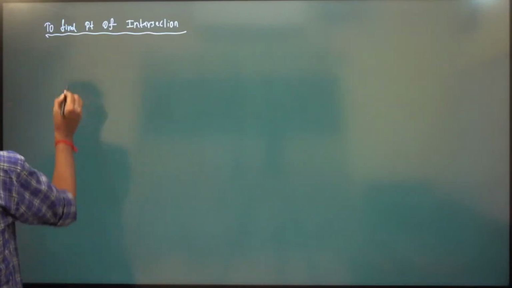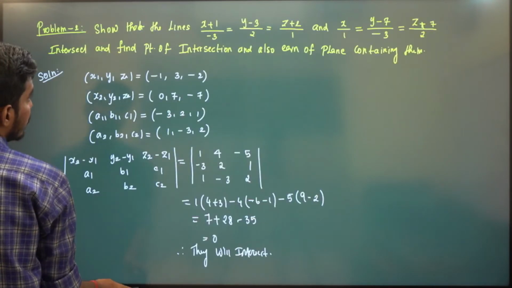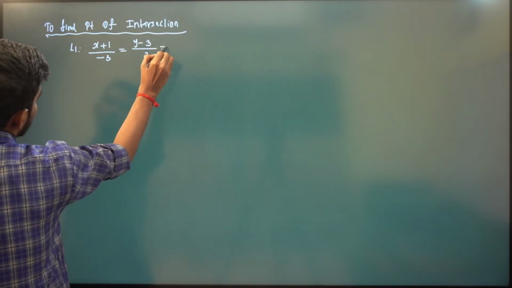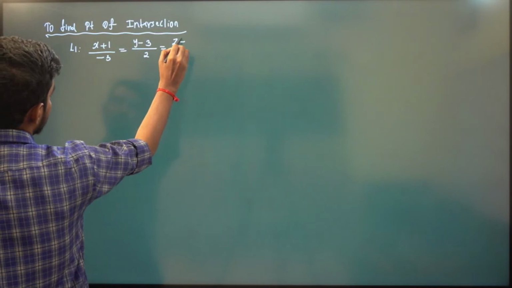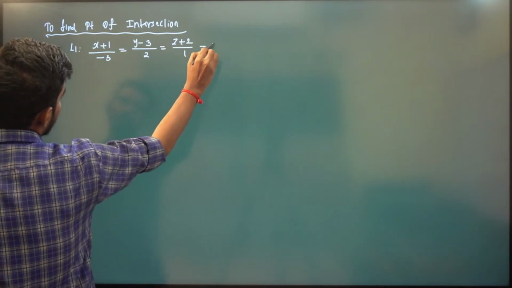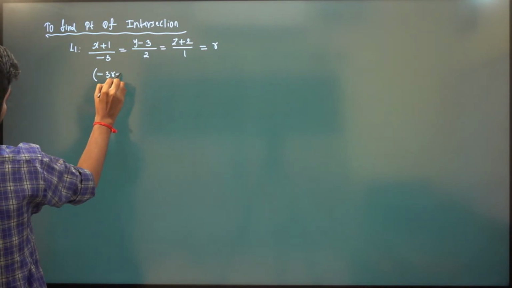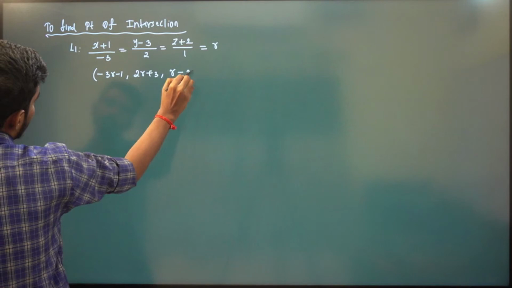So (x plus 1) divided by minus 3, (y minus 3) by 2, is equal to (z plus 2) by 1. Let us say it is equal to some r. So x is minus 3r minus 1, y is 2r plus 3, z is r minus 2.